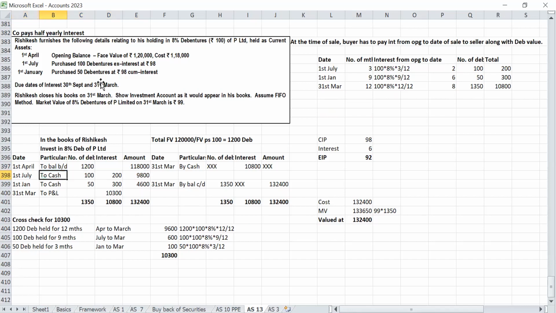How? 1st July purchased, sir, for 3 months, April, May, June. Number of months, 3 months. 100 into 8% into 3 divided by 12. What is this 100?